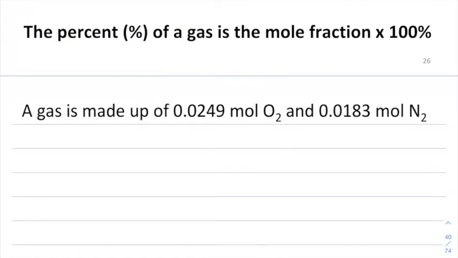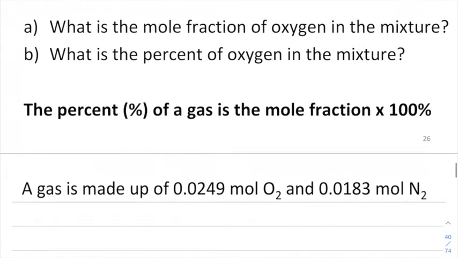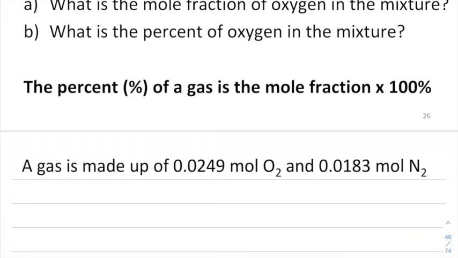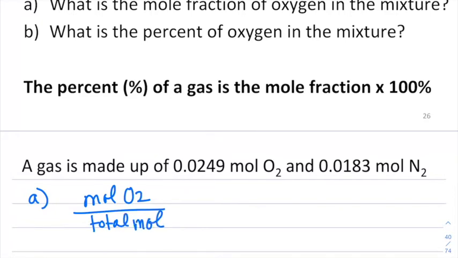All right, so here were the numbers that we had, the amount of moles of oxygen and nitrogen. And part A said, what is the mole fraction of oxygen? So what I'm going to do for A is take the moles of O2 divided by the total moles. So we're going to say 0.0249.